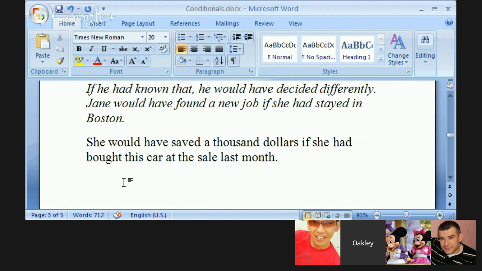I would have improved my speaking language before now. I would have improved my, pardon? My speaking languages before now.